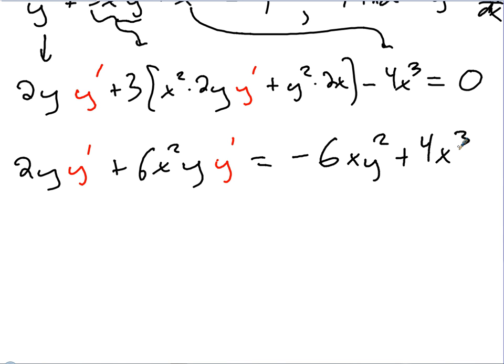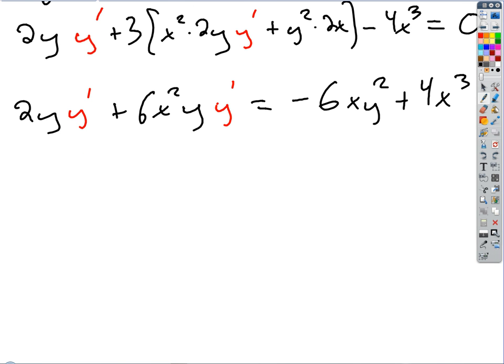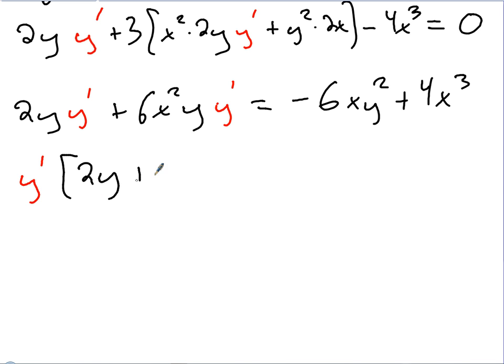And then I could factor out a y prime on this side. Wouldn't I just be left with 2y plus 6x squared y? I'll put the positive term first, how about?